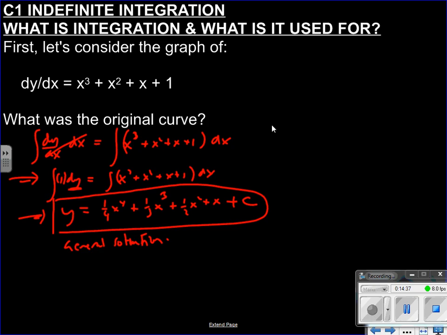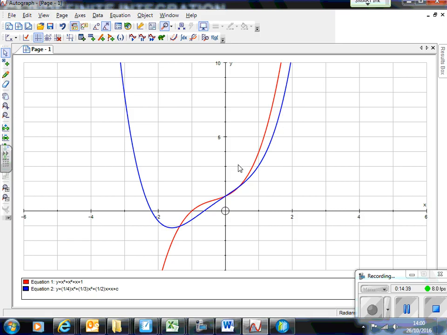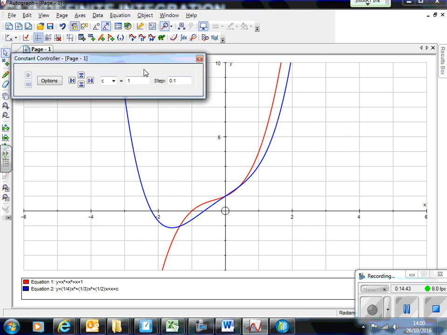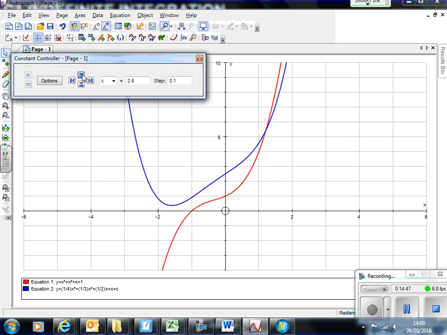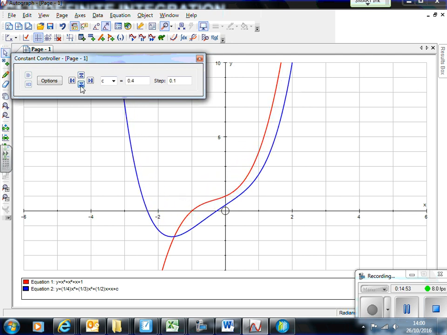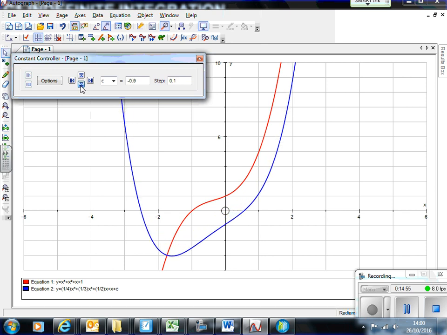But look at that, that's a really nice quartic there. But can you see, depending on what the value of c is, that y-intercept changes. I've got a whole family of curves here, a family of curves, alright? That's what it would be described as.